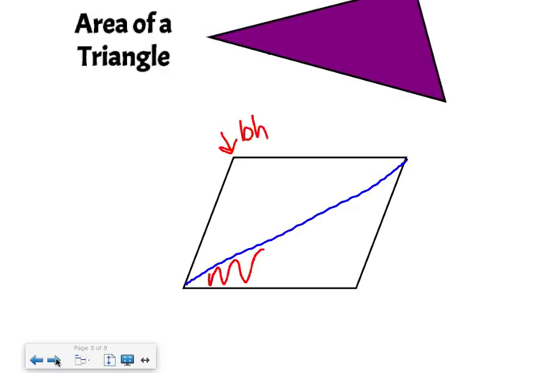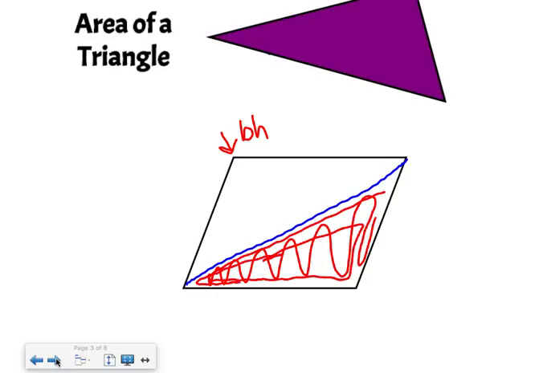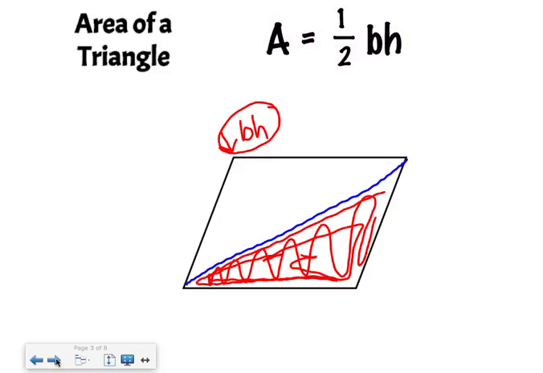But if I just want the area of the triangle, doesn't this area that I'm coloring in account for half of this amount? Hope you're thinking yes, because that is our formula. Area of a triangle is half our base times our height. Okay, so that's really the main ideas for today.